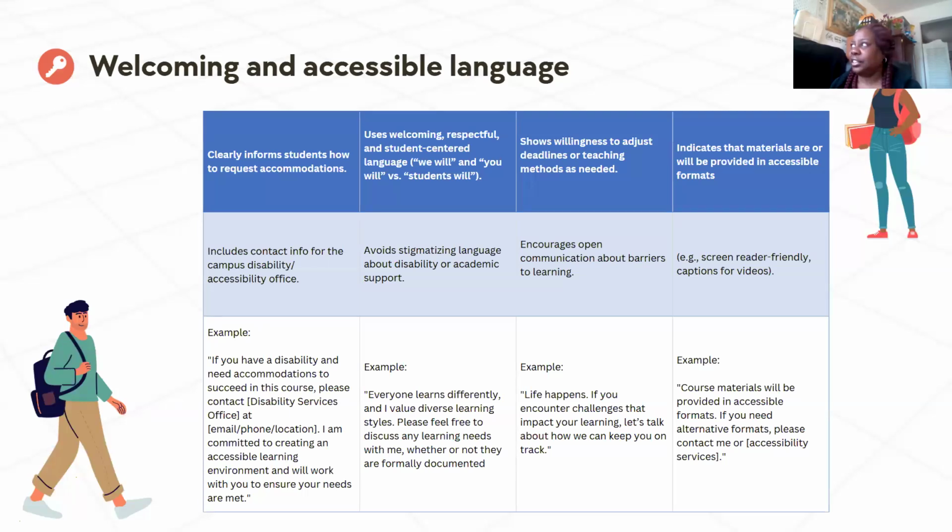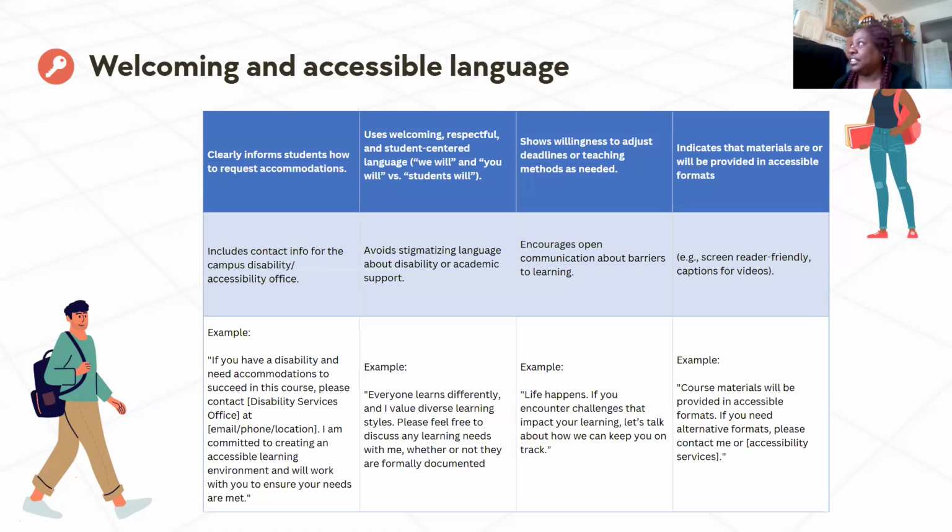It says, clearly inform students how to request accommodation. This includes contact for the campus disability office, and it includes an example, like, for instance, if you have a disability and need accommodations to succeed in this course, please contact blah blah blah blah.